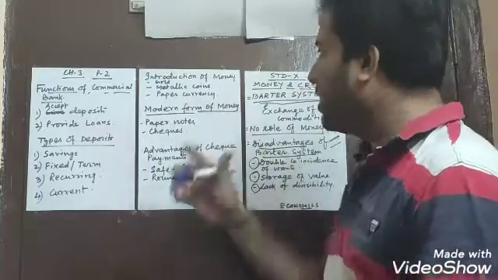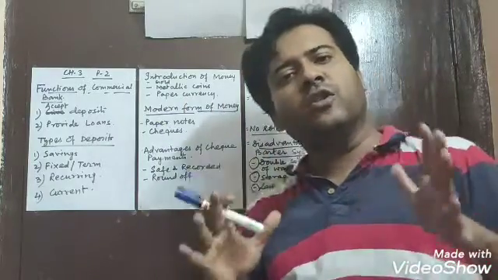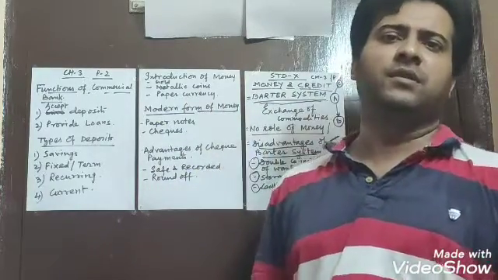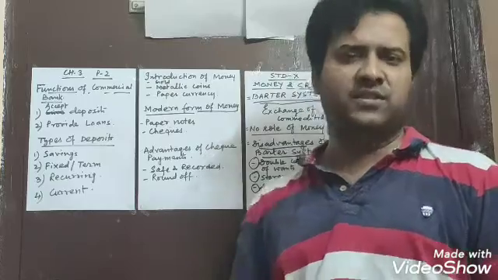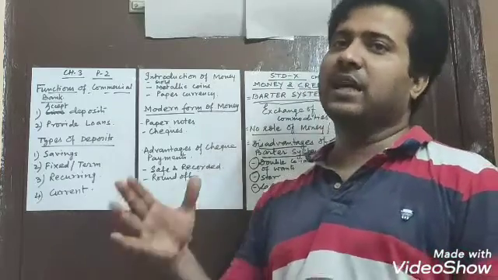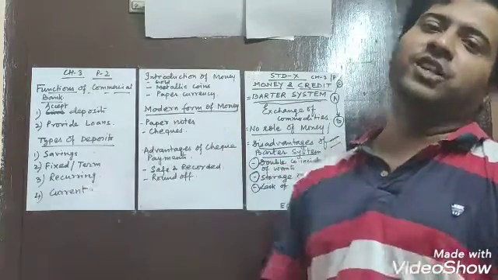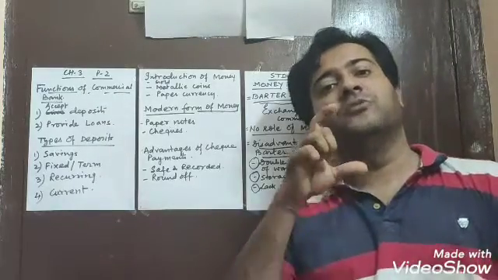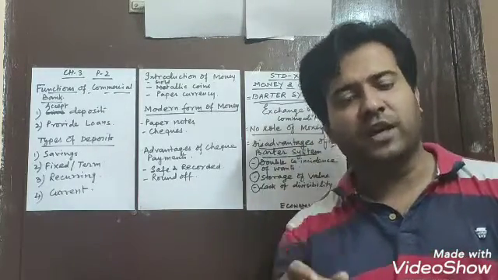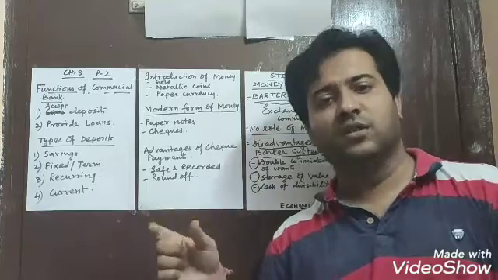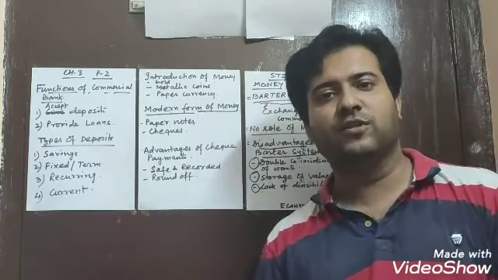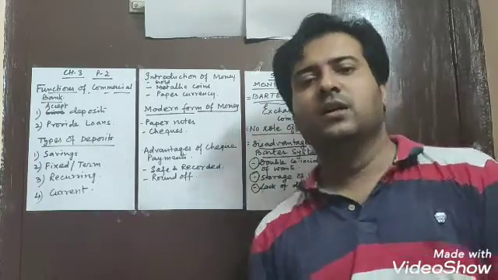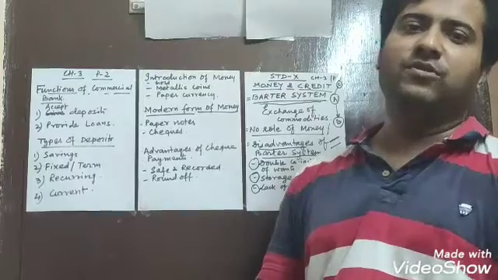So this paper currency gave lot of relief to the traders because it was very, very light and it was available at various denominations. Denominations means the currency value, such as 5 rupees, 10 rupees, 20 rupees, 50 rupees, 100 rupees, 200 rupees. All these are the denomination values.